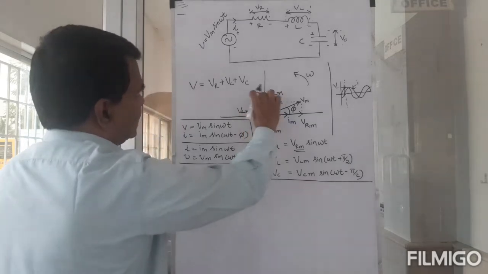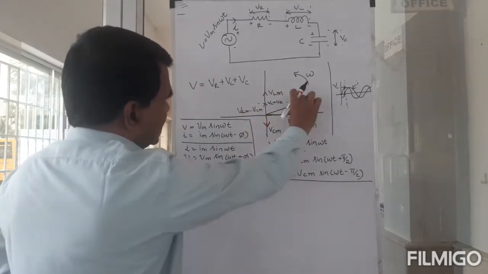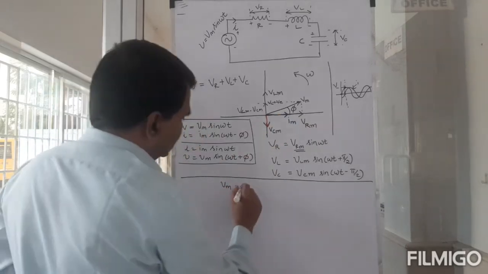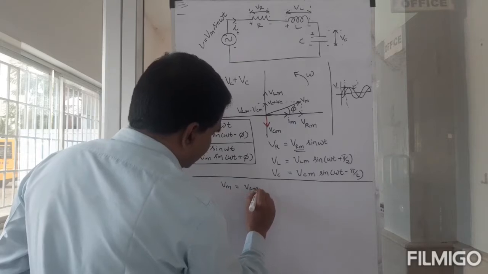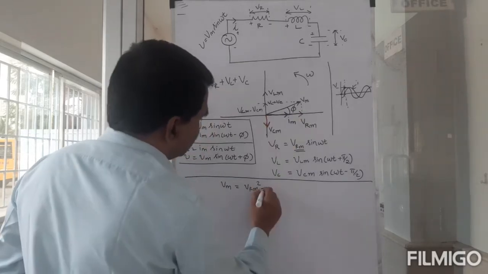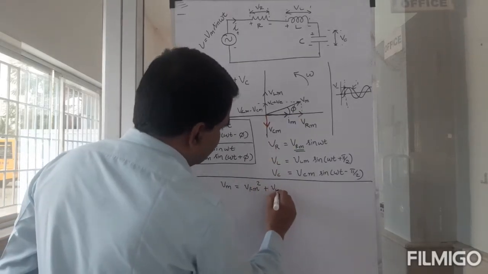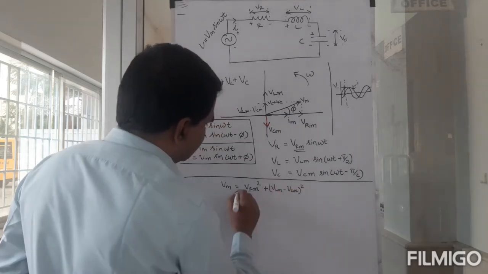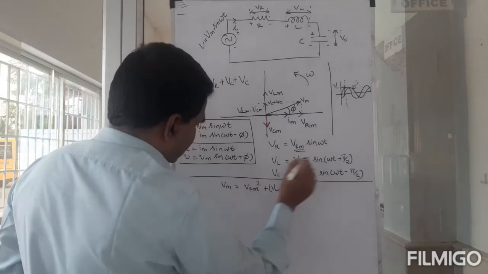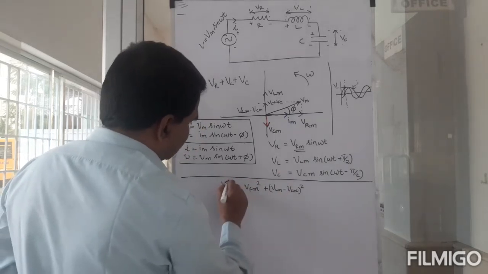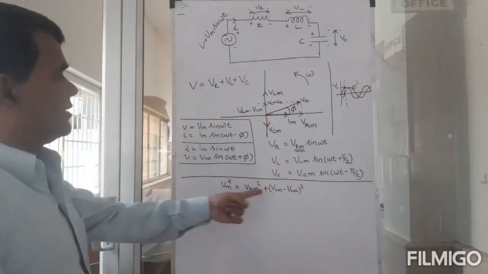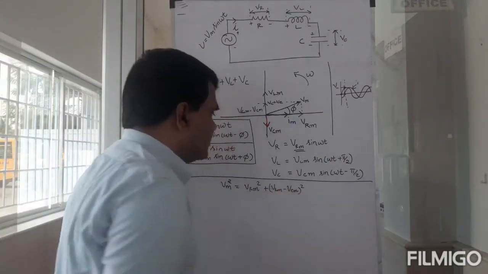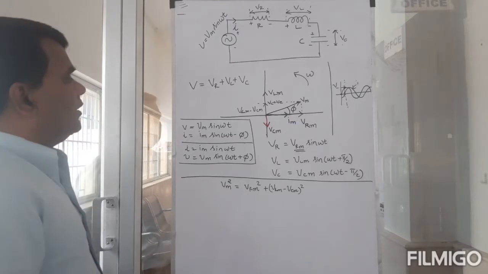That's what you got here. And this is VR. So what is VM? VM is equal to the square root of VRM squared plus VLM minus VCM squared. I'll just keep it like this: VM squared is equal to VRM squared plus, this is L and this is C, VLM minus VCM squared. Okay?